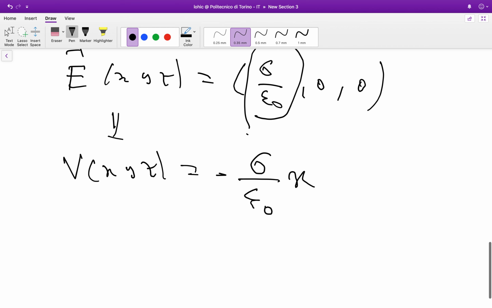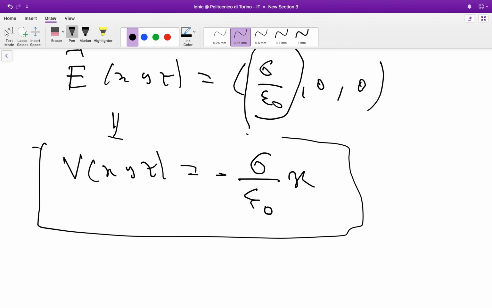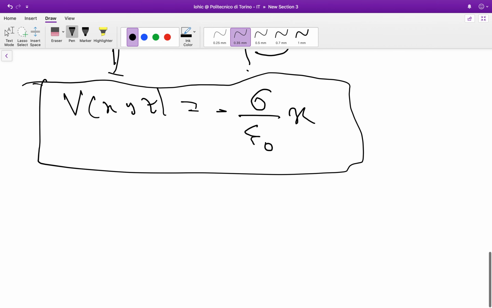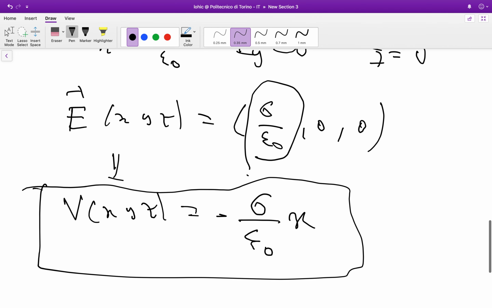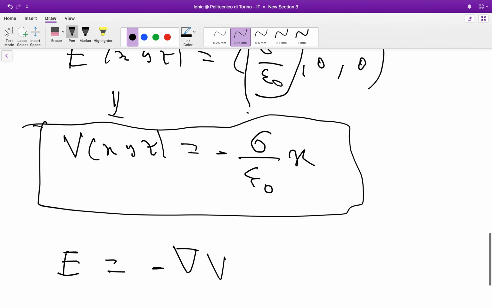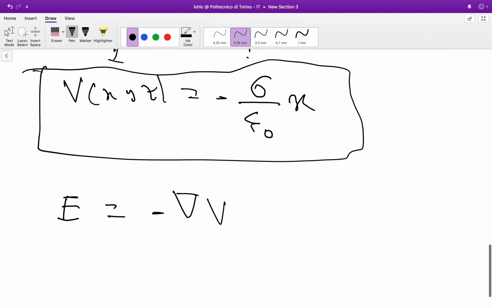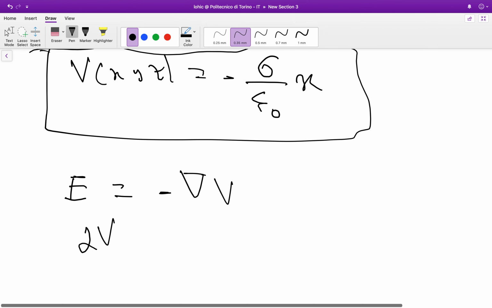Why am I saying that this function is the potential? To check if it is the potential, we just need to check if the field is equal to minus the gradient of this function. Yes or not? We need to check this because between the field and the potential, this relation should hold. If you try to do the gradient of this function, what is the derivative with respect to x?